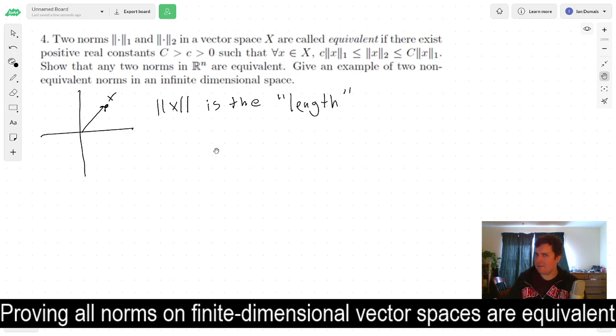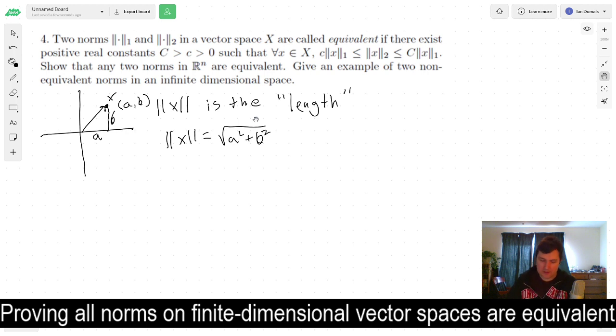Now, the way that you might be considering length, like if this point is (a, b), then we could look at this triangle where this is a and this is b, and then we could call the length the square root of a squared plus b squared. Following the Pythagorean theorem, that would be the length of this vector right here. This is what's called the Euclidean norm. So it works like you learned geometry in high school.